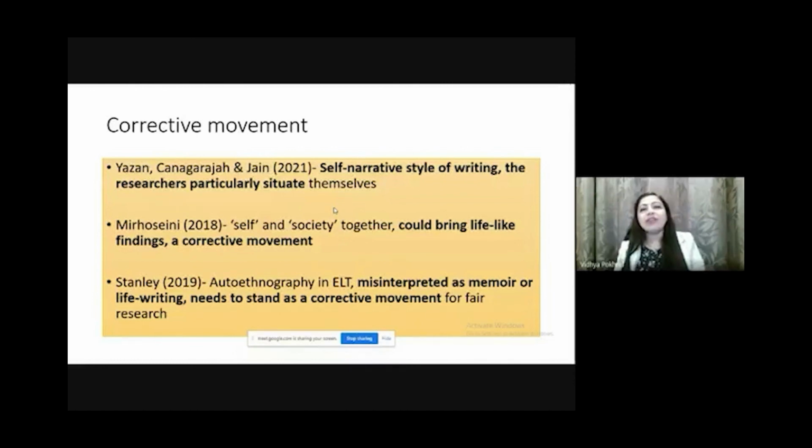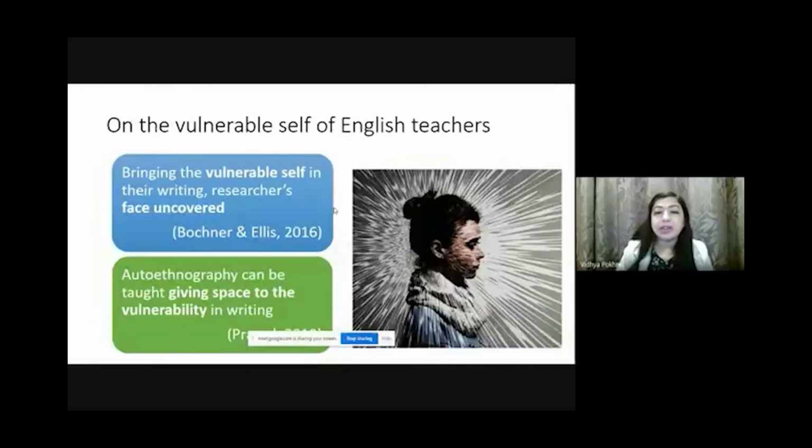And Stanley 2019 also talks about autoethnography in ELT, and here Stanley brings the concept of the autoethnography being misinterpreted as memoir or life writing, and this needs to stand as a corrective movement for fair research.